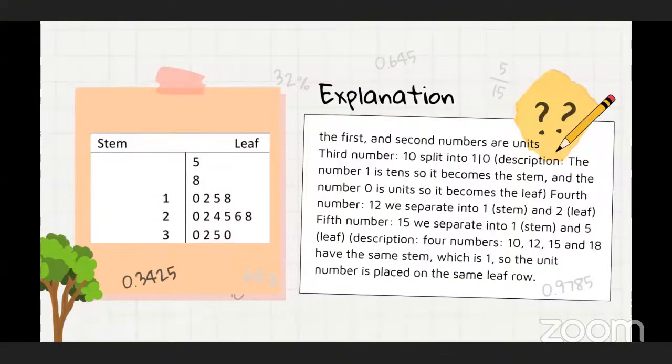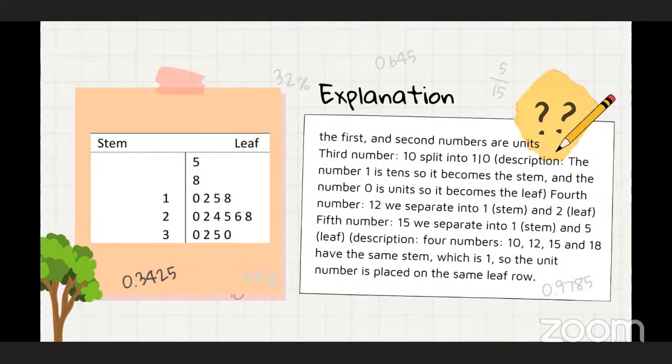So here are the stem and the leaf. The first and second numbers are units because each is just one digit, which are 5 and 8. And the third number is 10, which is split into 1 and 0. The number 1 is the tens digit, so it becomes the stem. And the number 0 is the unit, so it becomes the leaf.